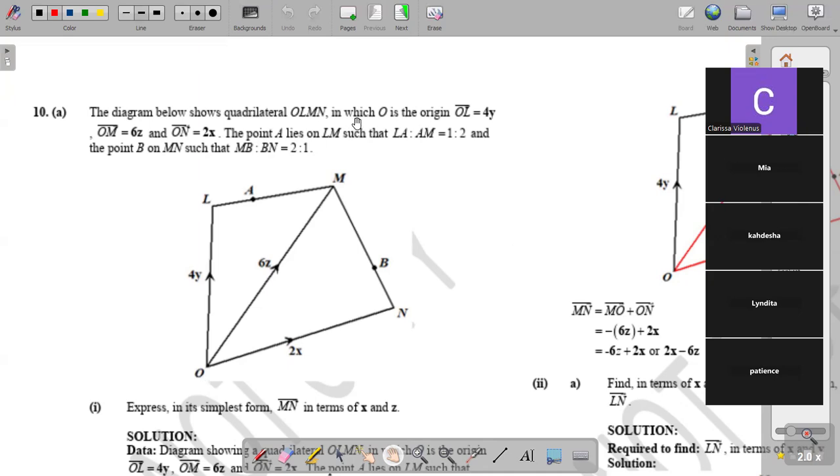Then it says OL is 4y, so let's make sure we see that OL is 4y in the picture. OM is 6z. I look at OM, where is that? 6z. While I'm doing this, you know what I'm also telling myself in the back of my head? If OL is 4y, what is LO?